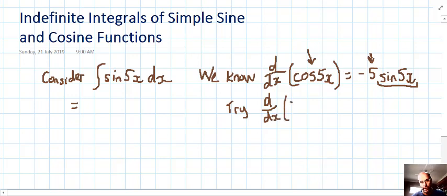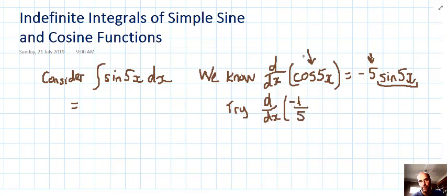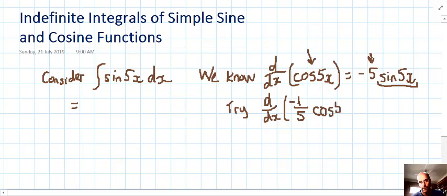negative 1/5. I'm going to use some brackets there to keep it orderly. Negative 1/5 cos 5x this time, and take the derivative of that. If we do that, we'd end up getting sine 5x.